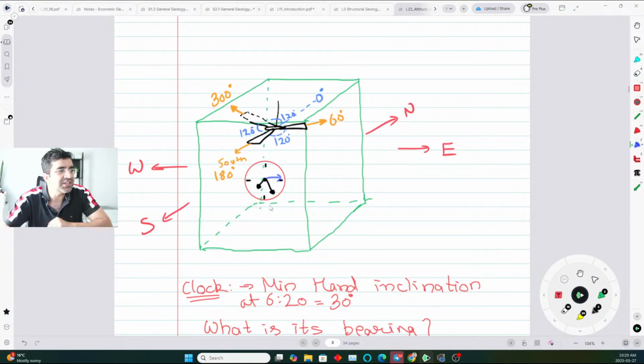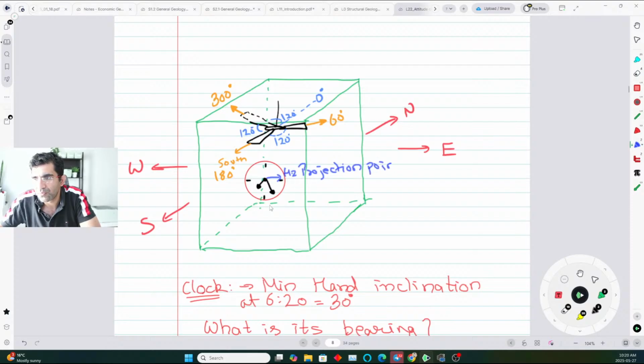Now, in which direction is it pointing? In which direction is the horizontal projection? It is pointing in the east direction. You are right.